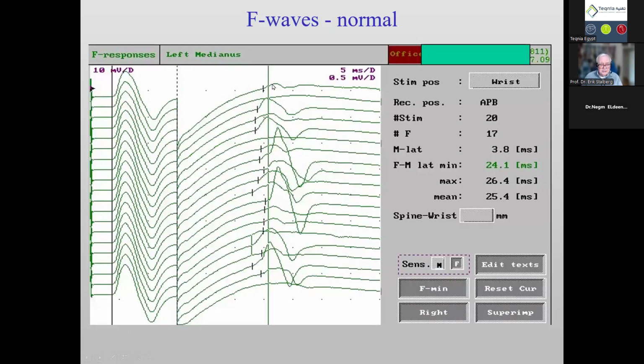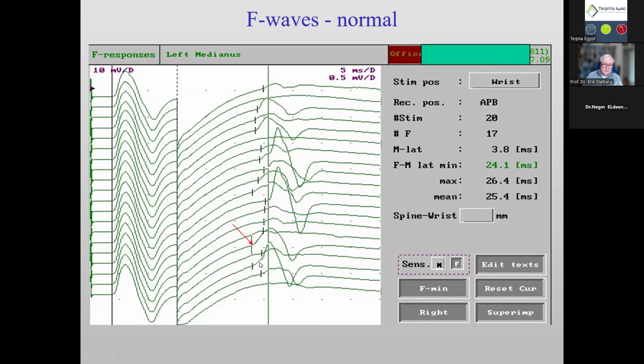As you see here, sometimes this neuron, sometimes this, sometimes two or three, sometimes two, sometimes four. So here is the CMAP, the motor response, and 20 microseconds later, we have these F responses. And we measure the shortest latency here usually.